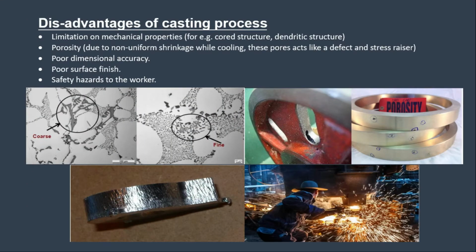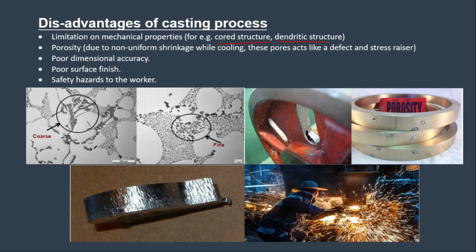Now, the disadvantages of the casting process. There are certain disadvantages that we need to take care of as an engineer. The first one is limitation on mechanical properties. Why is that so? Because we get cored structures, which I will explain in the next lecture, or the dendritic structure.